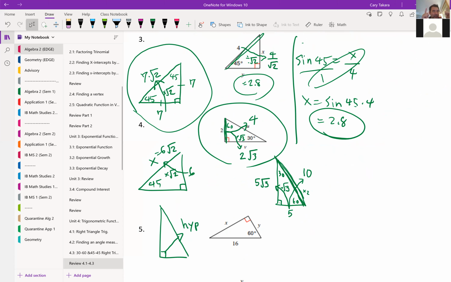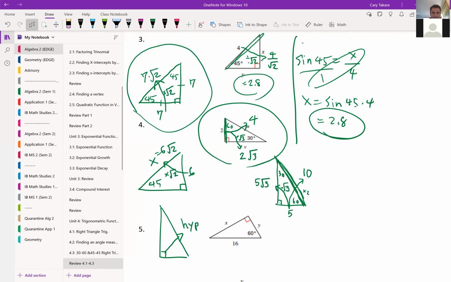Another clue that we've talked about is if you are trying to figure out the longer side, you have to multiply something, right? If you're going from the longer side to find the shorter side, you have to divide by something. Does that make sense?